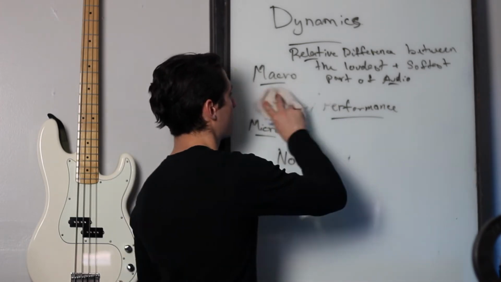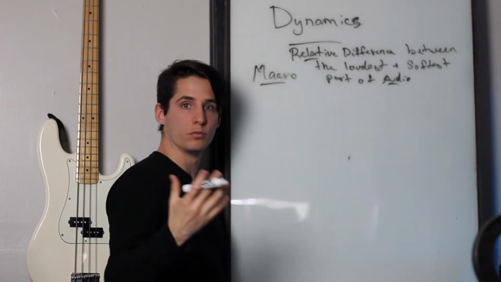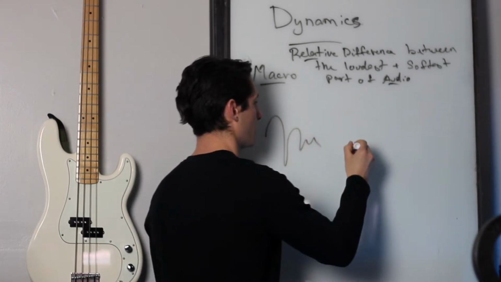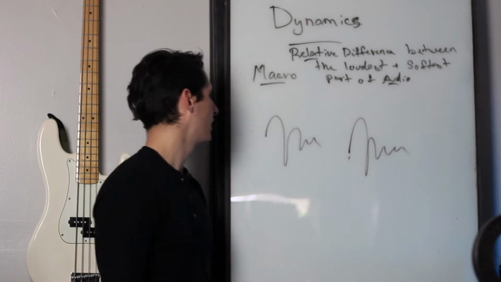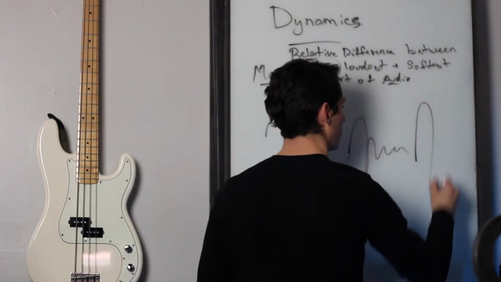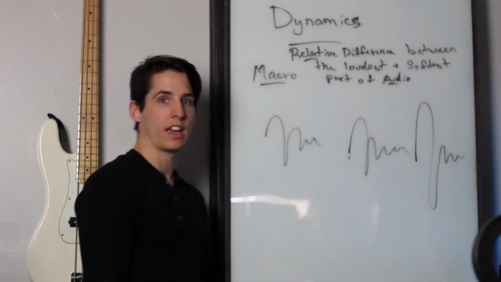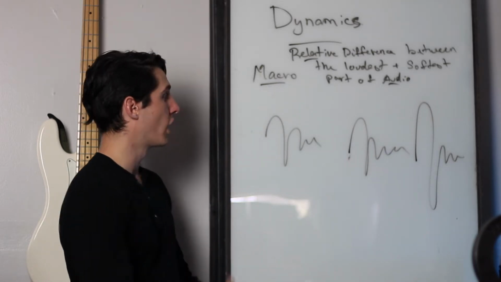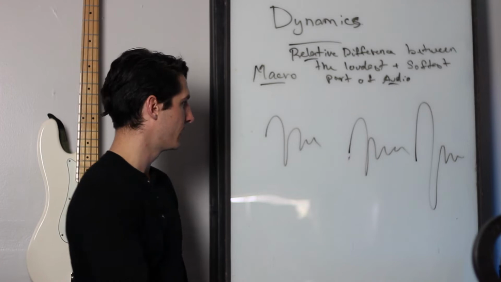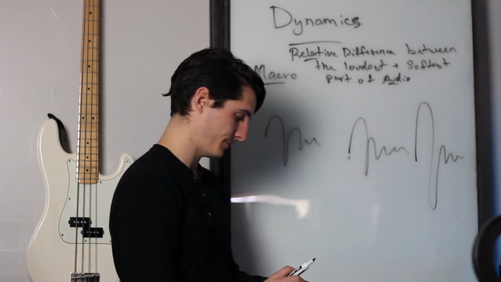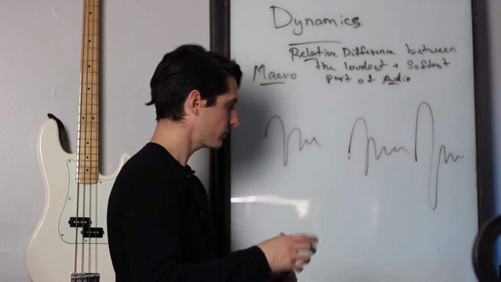In macrodynamics, we have a couple notes, for example. This is a waveform here. And do one more. Okay, so we can tell these three notes have a lot of macrodynamics. And to define this further, the relative difference between the two, so say, let me get another color here.